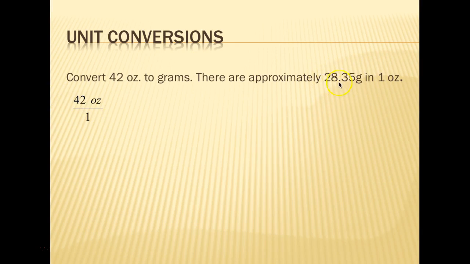Now, what number should be in my numerator and what number should be in my denominator for this unit fraction? Since I have ounces in my numerator here, I need to have ounces in my denominator here. And so I'm going to use this fraction.